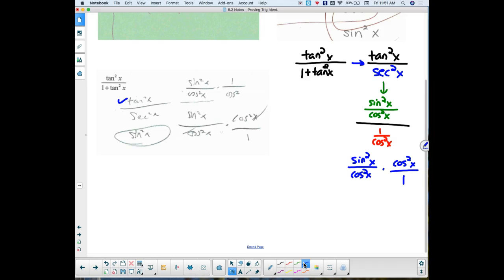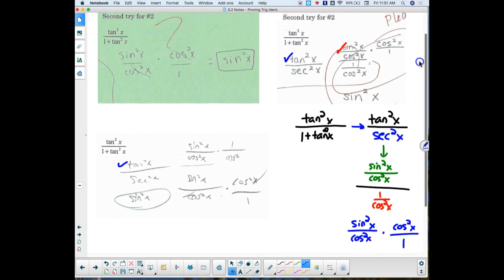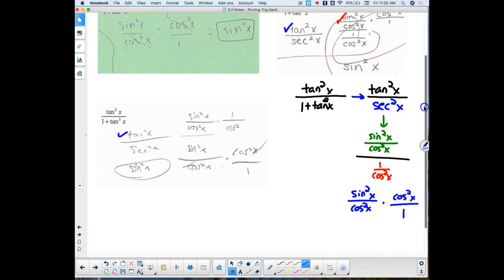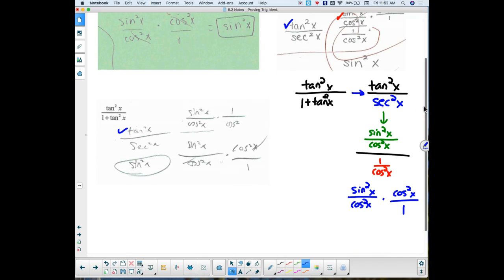On the majority of these, they skipped this part and went right to the end. Okay. And then finally at the tail end, this is just sine squared of x.